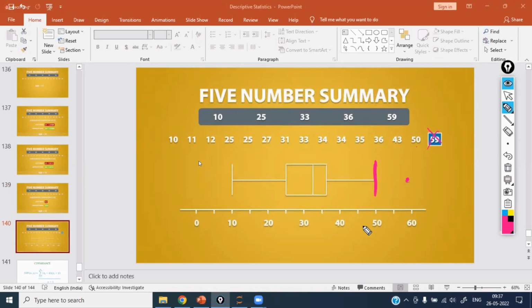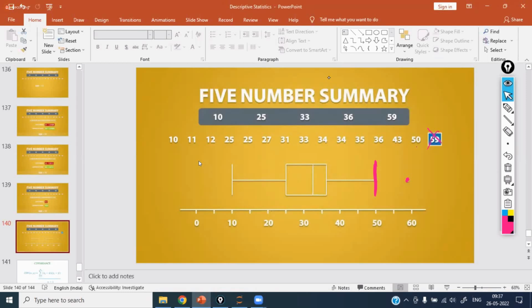Box plots are used to identify whether there is an outlier or not. How is this dot calculated? By calculating Q3 plus 1.5 into IQR. Any value greater than Q3 plus 1.5 into IQR is called an outlier. Clear? Any questions?